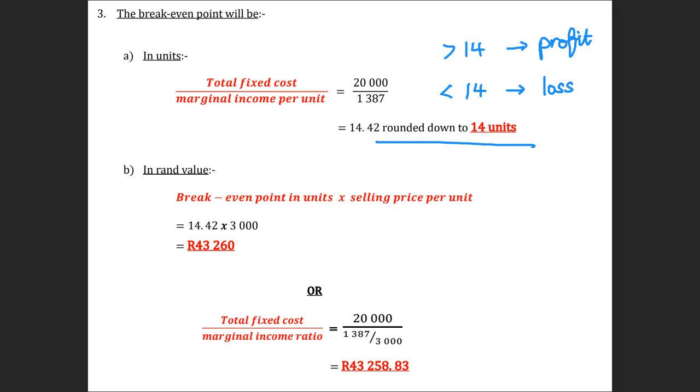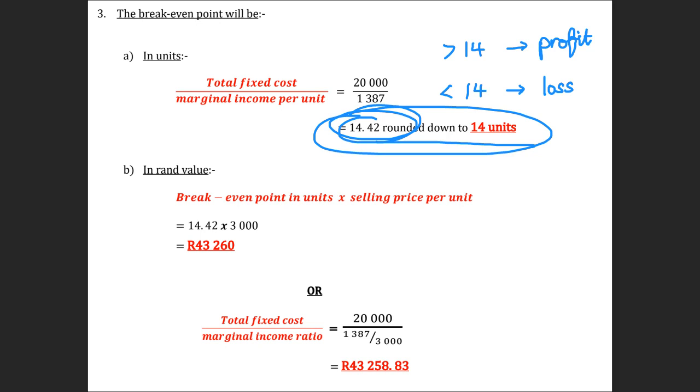Then you have your break-even point in terms of rand value, or your break-even in terms of sales revenue. This is calculated using either one of the two formulas that we had seen. The first formula says you can simply take your answer from here and multiply it by the selling price per unit. When you're working out this answer, the break-even in terms of sales revenue, you will take the decimal figure, not the rounded off figure.